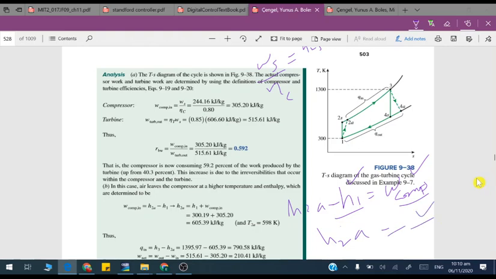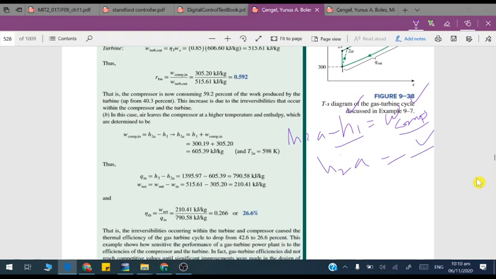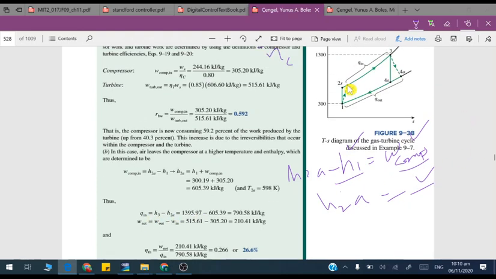Similarly for the turbine you can determine, and if you have the H, you can get the temperature against this value. Similarly Q in is H3 minus H2A, because now it is the Q in, so that is 790. W net, W out minus W in, basically the difference between these two terms, which we use in producing electricity, is 210.